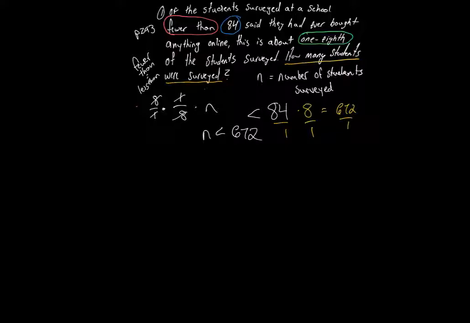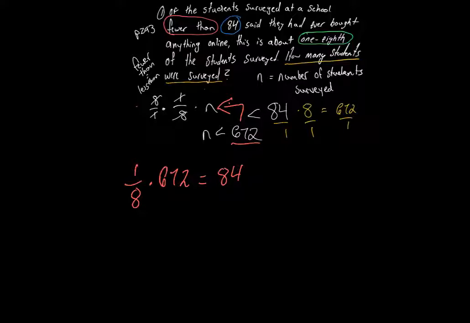Now, if you take your time, you can get 100% on all your assignments and on your test by checking your answer. So let's say we had 672, and let's check it. Let's plug it back in up here to our original inequality. 1/8 times 672 equals, okay, 84.